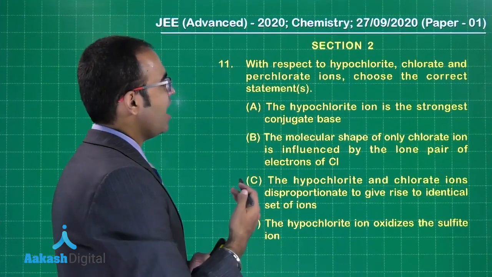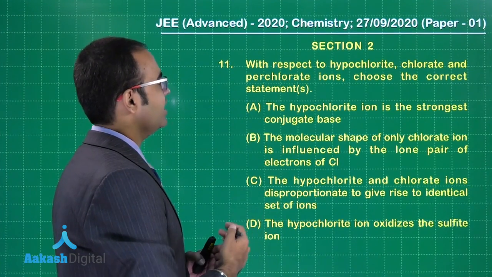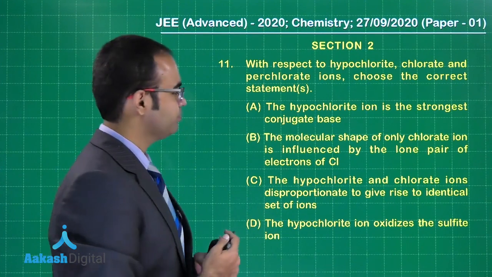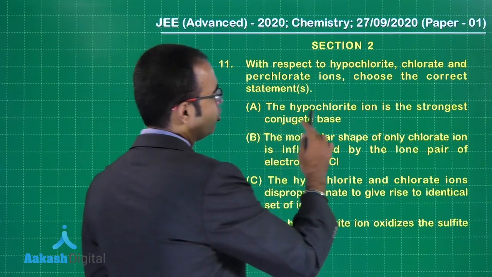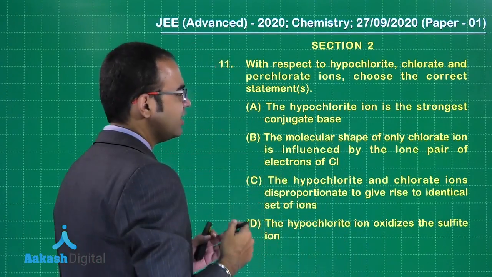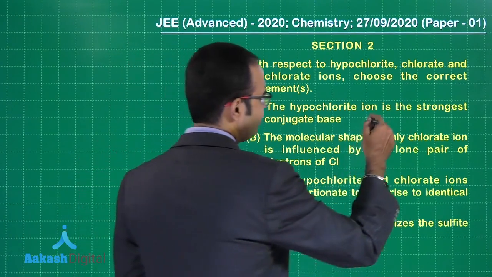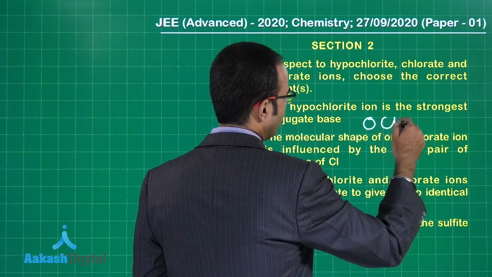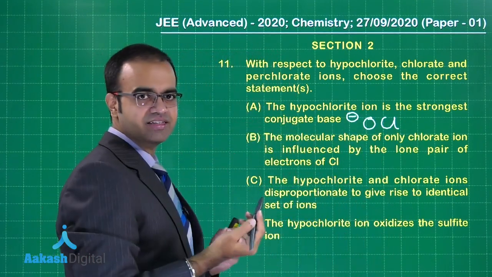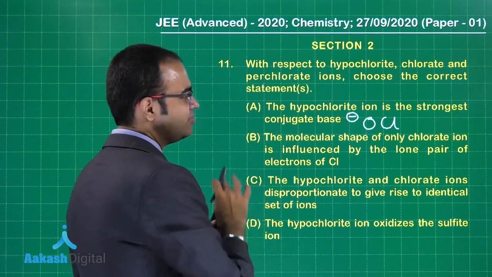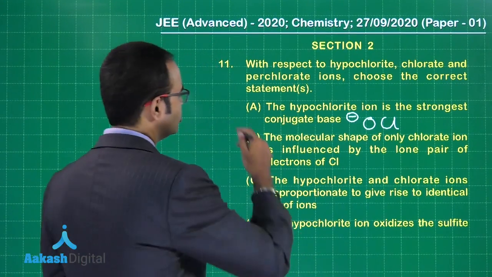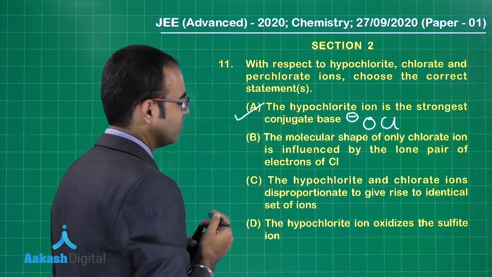With respect to hypochlorite, chlorate and perchlorate ion, choose the correct statement. The hypochlorite ion is the strongest conjugate base. So what is hypochlorite ion? Hypochlorite ion is OCl minus. Is the acid of this the weakest? Yes. So if the acid is weakest, then the base will be strongest, right? So option A is correct.